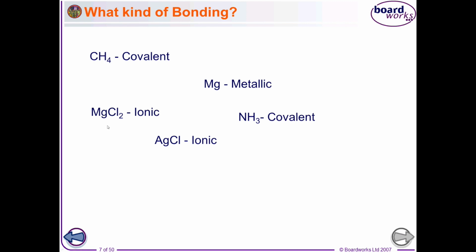MgCl2, a metal and a non-metal, ionic bonding. NH3, 2 non-metals, covalent bonding. And then AgCl, a metal and a non-metal, ionic bonding. So it is as simple as that really. Provided you've got your periodic table, which you get given in the exam, and you know the 3 rules from the beginning, you can work out the bonding in anything. And once you do that, life will get very straightforward in this exam.